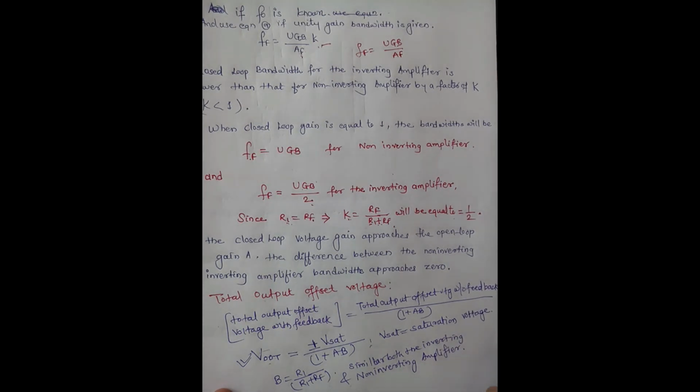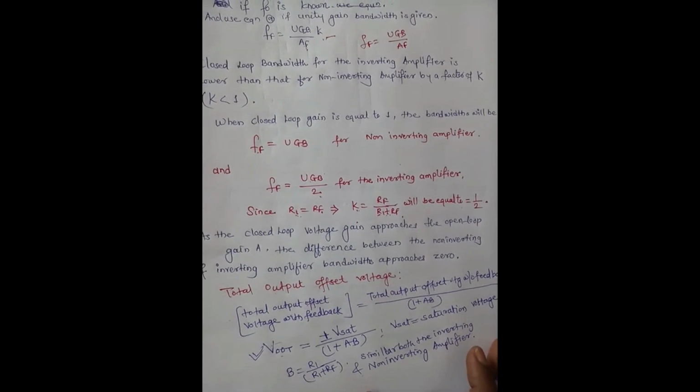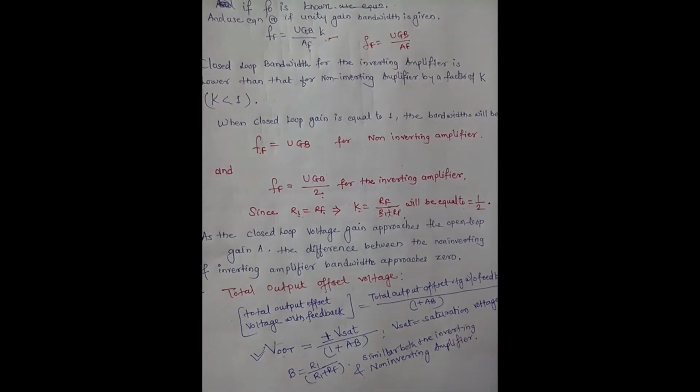Just as the open loop gain A of the amplifier is reduced to A by 1 plus AB, in the same fashion the total output offset voltage will be reduced from plus minus Vsat to plus minus Vsat divided by 1 plus AB.